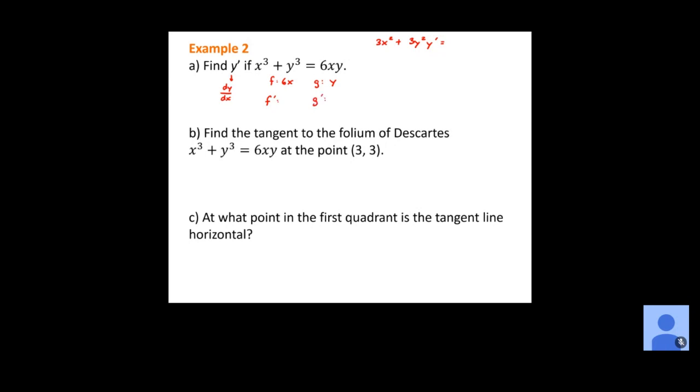Well, what is F prime going to be? 6, right? Derivative of 6x with respect to x is just 6. What about the derivative of y? Okay, it's going to be 1, but because we're taking the derivative of y with respect to x, what do we have to put there? A y prime, right? So this is just going to give us 1 y prime or just y prime.